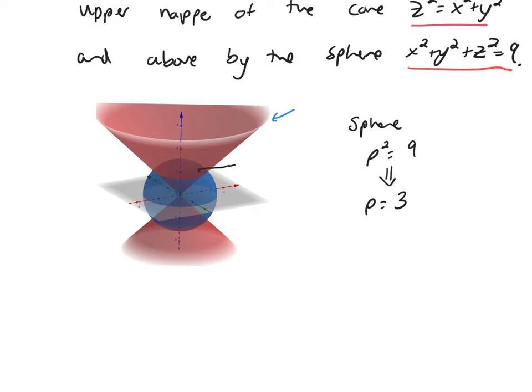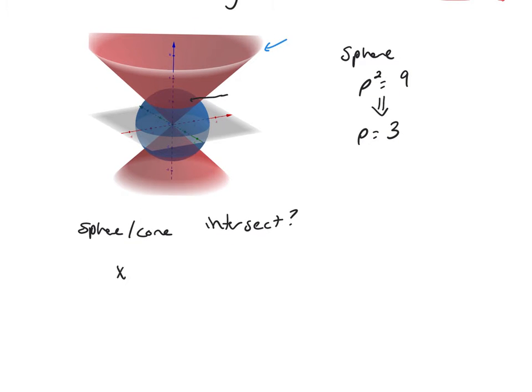The question is, where do the sphere and the cone intersect? Let's look at our two equations: x squared plus y squared plus z squared equals 9, and in our other equation, z squared was x squared plus y squared.